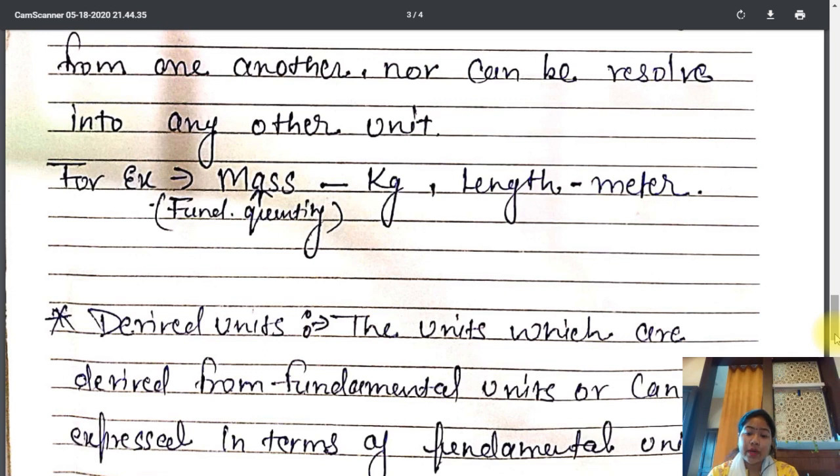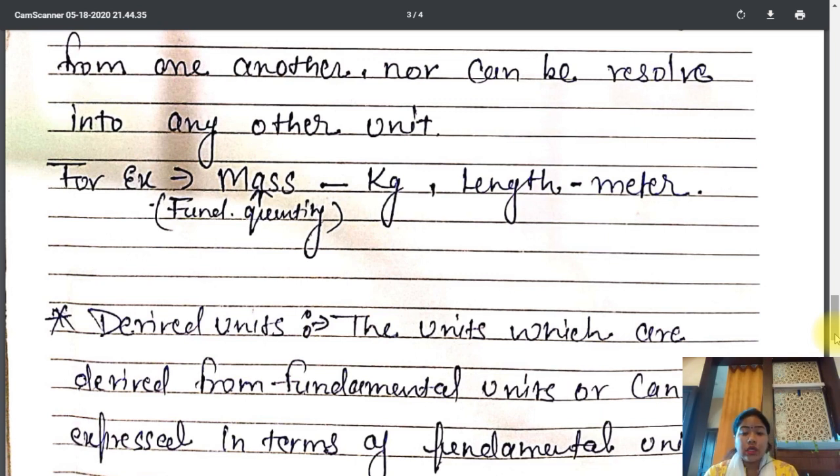But in the very first part, we talked about mass and length, which we can directly measure. So mass and length are independent of any other quantity. But when we talk about speed or acceleration, we can take many more examples. Those quantities depend on different quantities, or we can say they depend on the fundamental physical quantities.